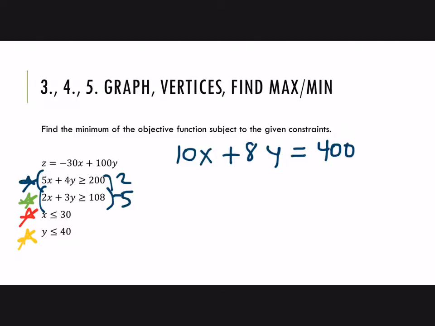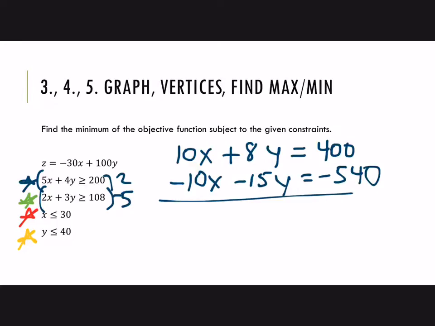And the second one becomes negative 10x minus 15y equals, let's see, 108 times negative 5 is negative 540. And then add. So we get 10x plus negative 10x, that's eliminated. 8y minus 15y is negative 7y. And 400 minus 540 is negative 140. Divide by negative 7, and y equals 20.